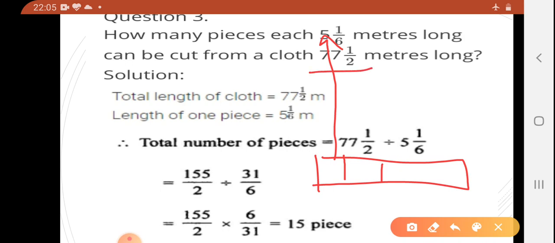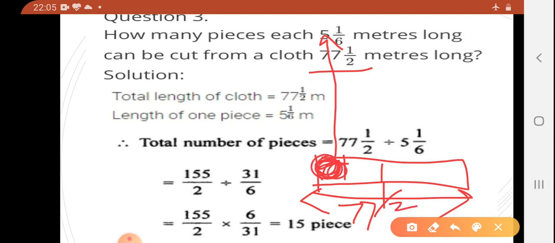This whole cloth is 77 whole 1 upon 2 meter long, and from this you have to cut 5 whole 1 upon 6 meter pieces. It is asked how many pieces can be cut from this. So from this big cloth, how many small pieces can be cut? So from the big, if you have to take out the small number, it means you have to divide.